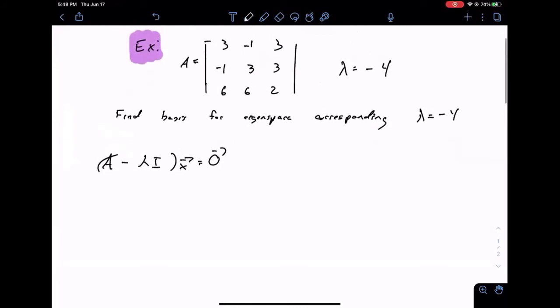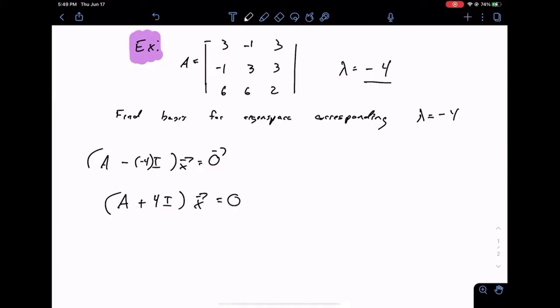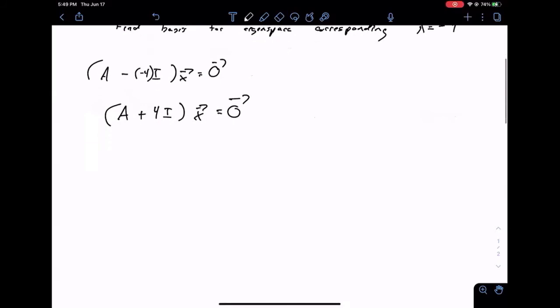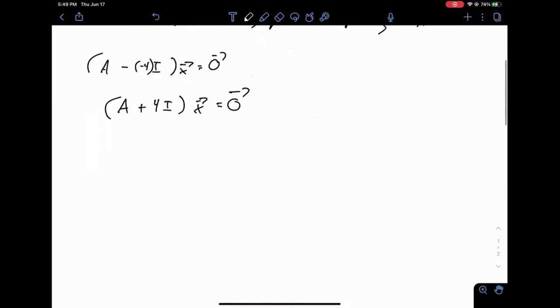The lambda we're looking at is -4. In other words, I'm looking for the solutions to this system. Let's go ahead and write this as a matrix. What is A plus 4 times I?